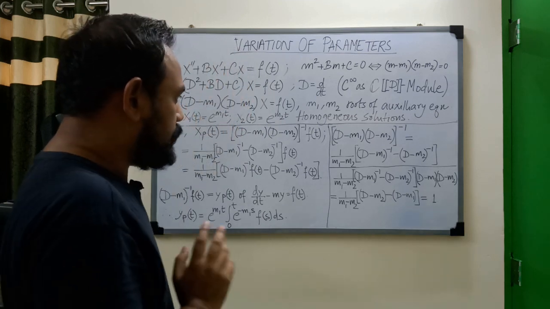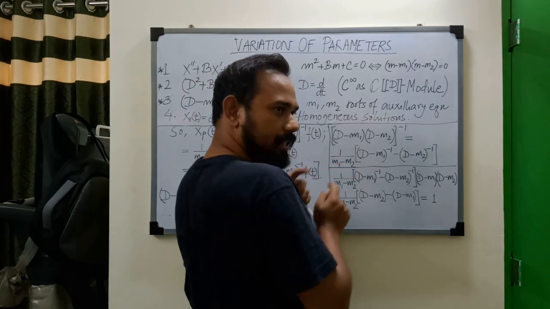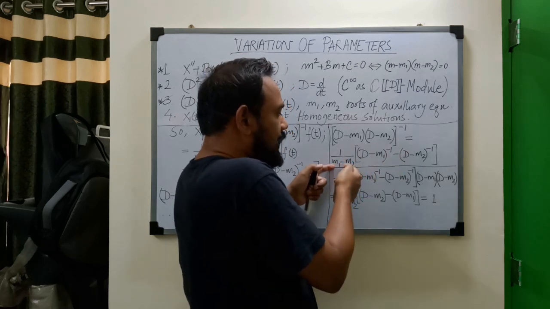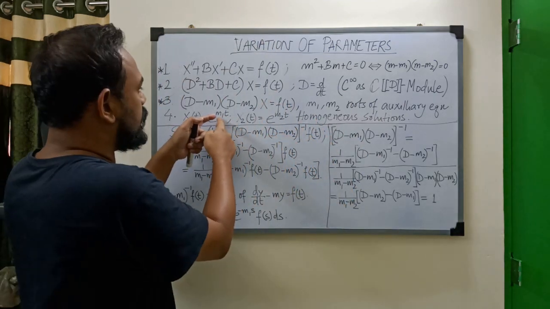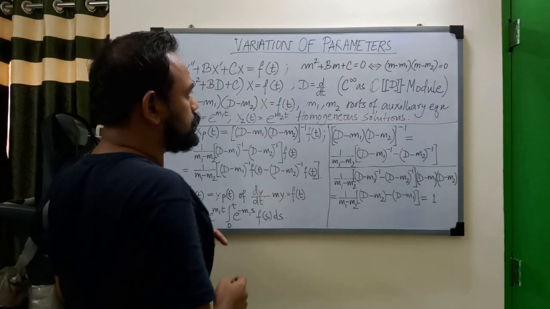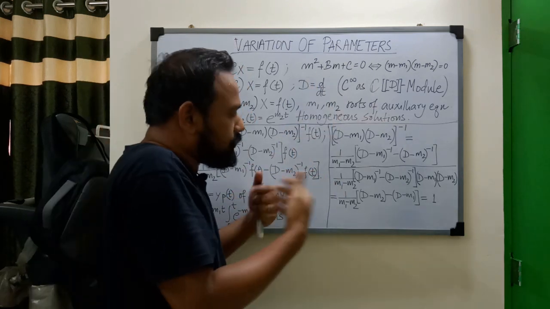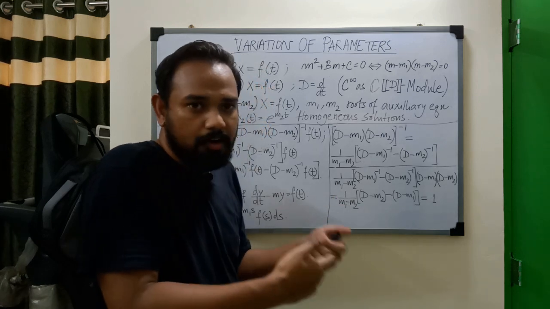Of course, this assumes that m1 and m2 are not equal. If m1 and m2 are equal, then this is not valid. But that would be the case of resonance, if you remember. If the two roots of the auxiliary equation became equal, that was the case of resonance, which was resolved by using L'Hopital.